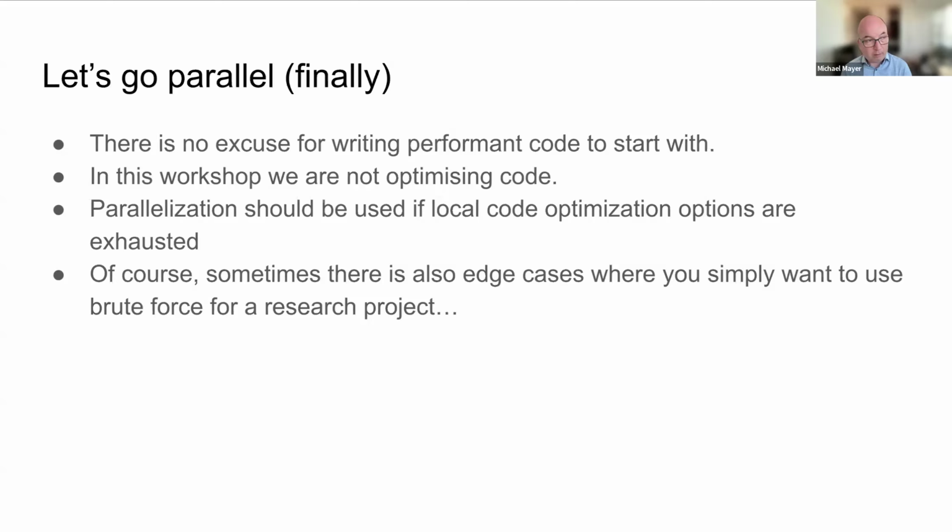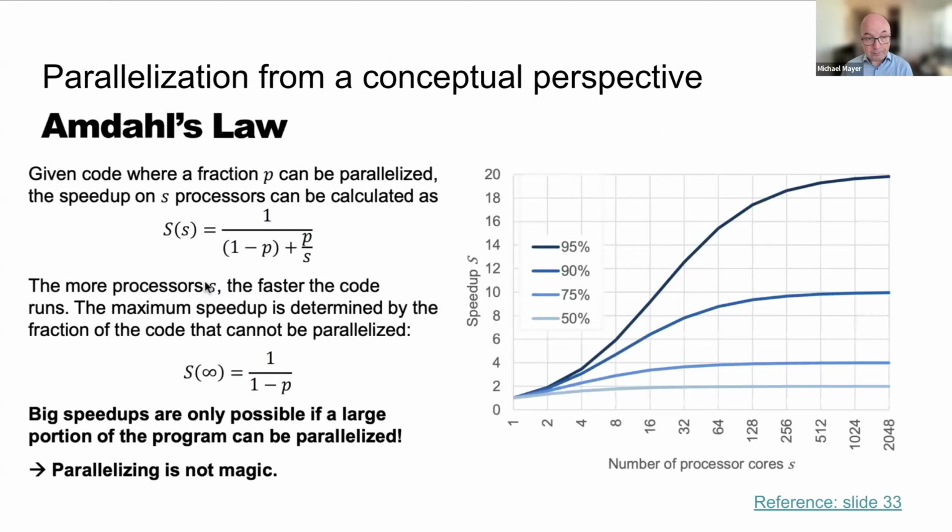I can hack together code, but for optimizing there are other workshops and sources of information you can use. Also, parallelization should only be used if local code optimization options are exhausted. Sometimes there's brute force and other edge cases where you just need to get things done. In all of those cases, we can use parallelization.